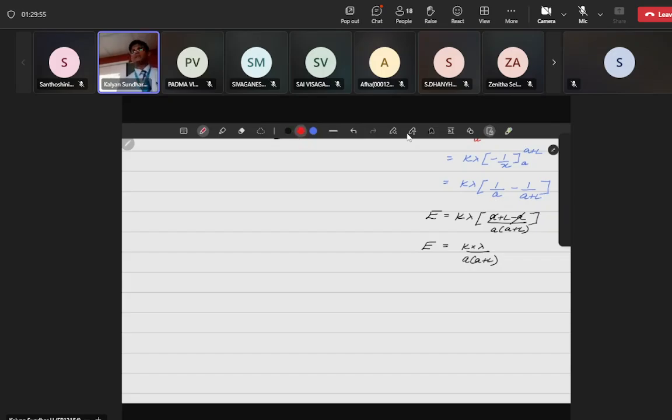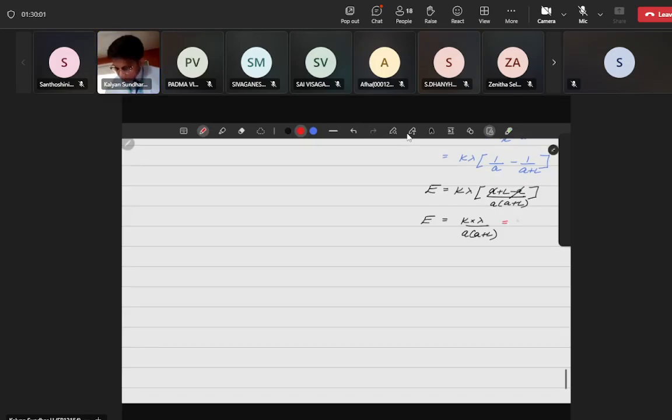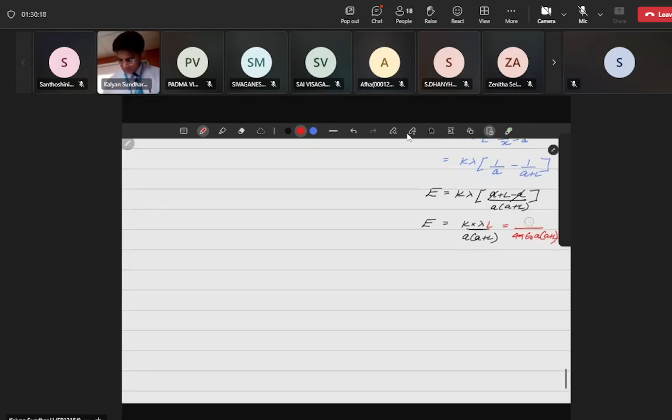Lambda is equal to total charge per unit length, Q by L. So the L cancels, and your total electric field due to a rod at any extreme position, along the axial point, will be equal to Q divided by 4 pi epsilon naught a into a plus L.